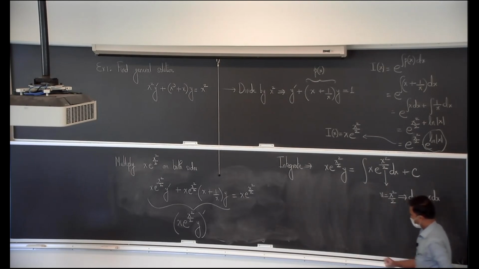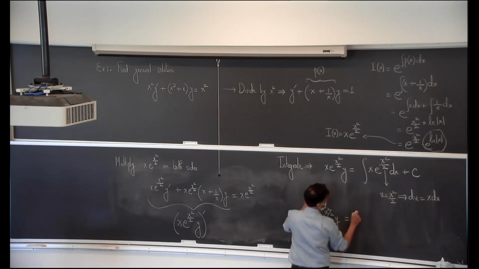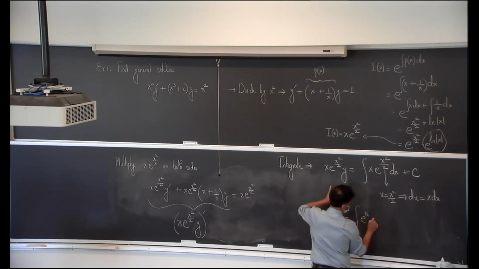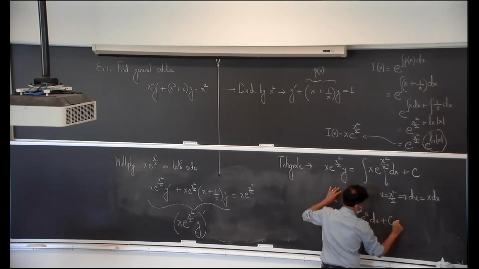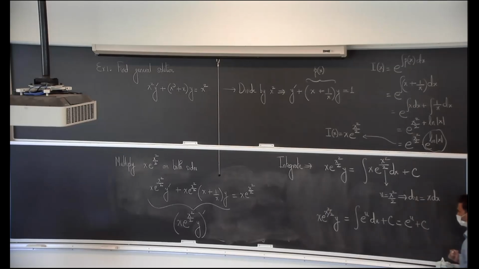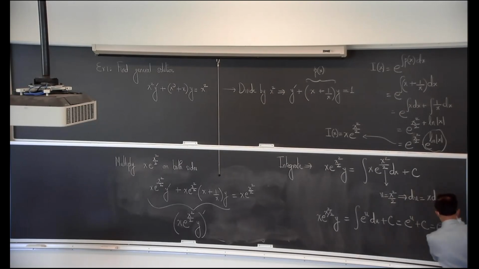So the right-hand side becomes x e to the power of x square over 2 times y equal to the integral of e to the power of u du, which is e to the power of u plus c, and u is x square over 2.